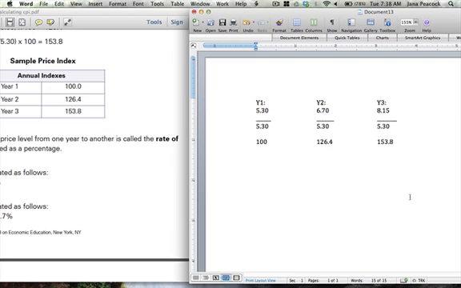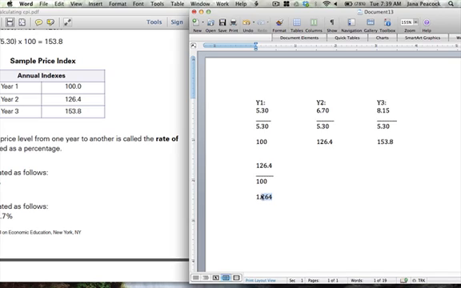So in order to do that, this is where I'm going to differ from your worksheet. If we're trying to find out the inflation from year 1 to year 2, we're going to put year 2 over the year that we're comparing, year 1, and in that case we will get 1.26, and our percentage rate of increase in inflation is everything over 100%.